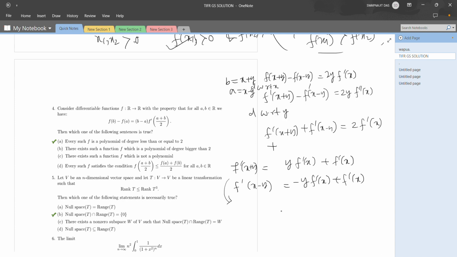Okay, now if you differentiate it again with respect to y, then we will get this one equal to f prime x.